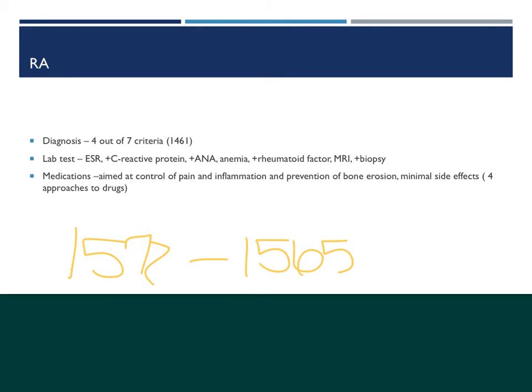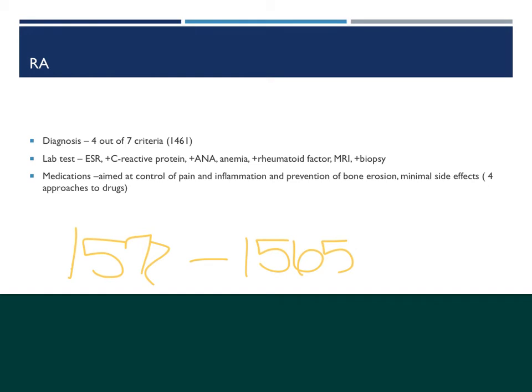We want to make sure that they're working. These lower the patient's immune system. We need to let them know that they're at increased risk for developing tuberculosis and that they should have a yearly PPD. And they also need to monitor the injection site and watch for a localized reaction.